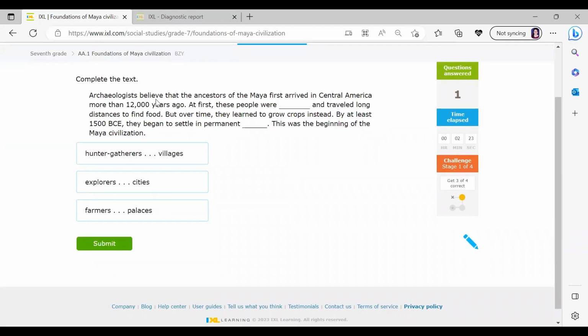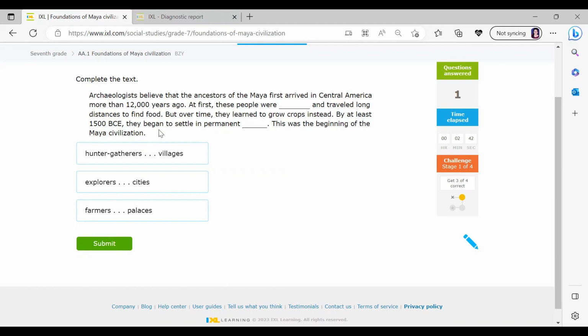Archaeologists believe that the ancestors of the Maya first arrived in Central America more than 12,000 years ago. At first, these people were hunter-gatherers and traveled long distances to find food. But over time, they learned to grow crops instead.